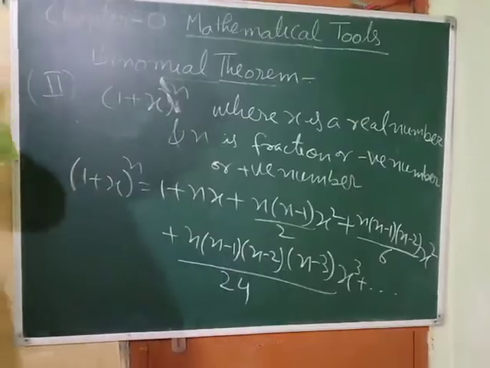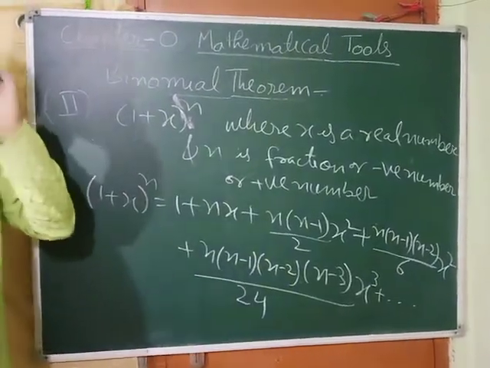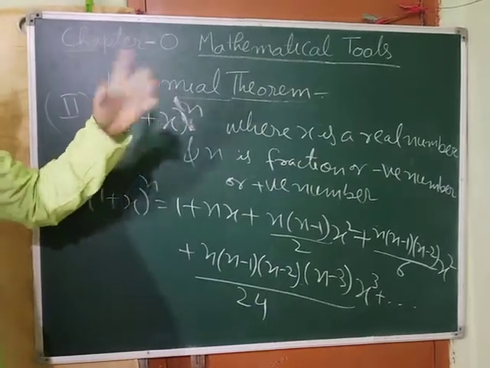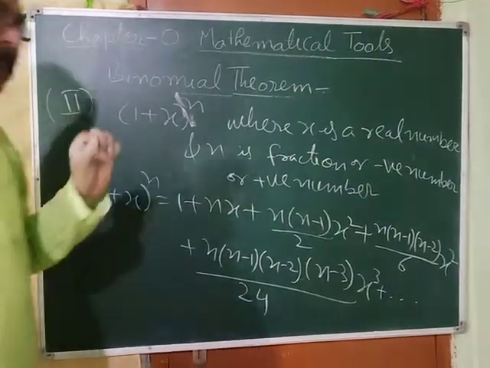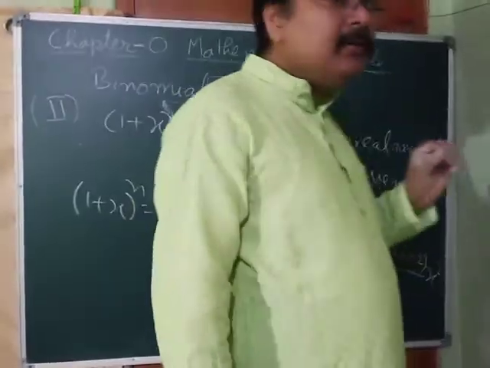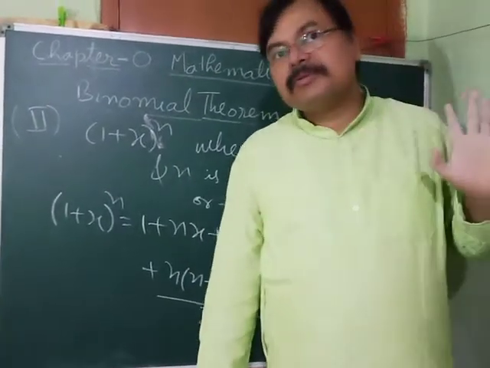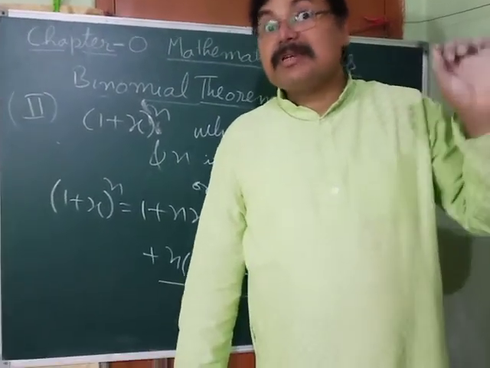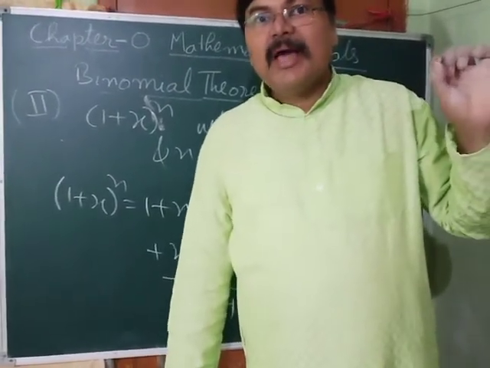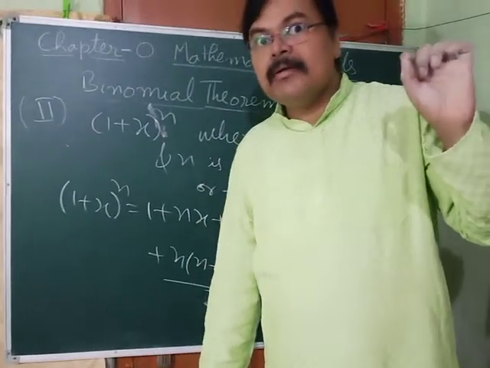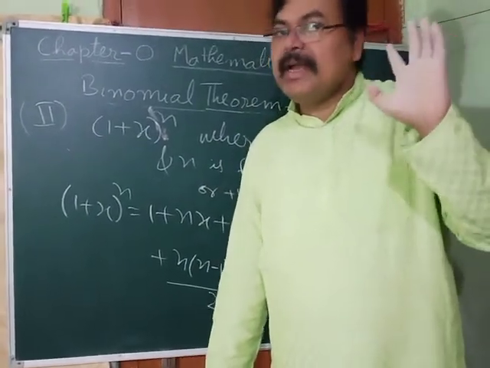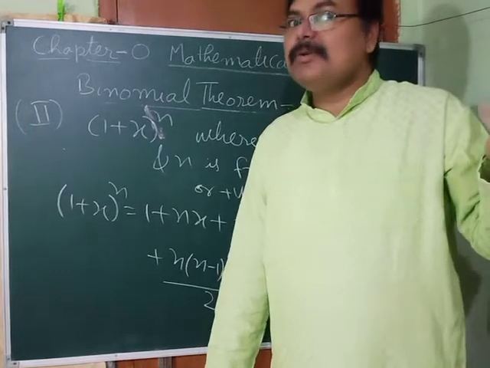Let me tell you one thing. In the case of the positive index, part 1 that we have done, maximum how many terms are possible? It is n + 1 terms, because we start from nC0 and go from nC1 to nCn. From nC1 to nCn it is n terms, and nC0 is one more term.